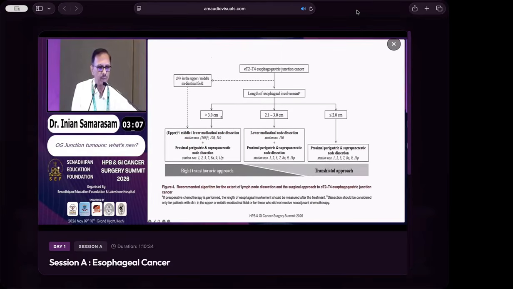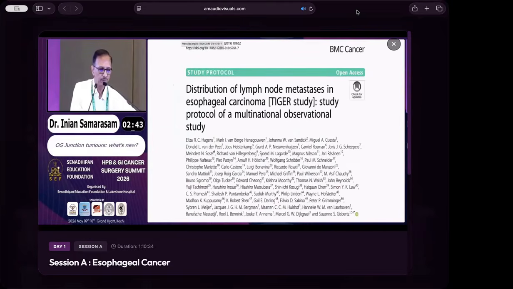One is the length of involvement of the esophagus, from 4 centimeters, now revised to 3 centimeters. And the requirement for doing a supracarinal or a superior mediastinal dissection is now confined to patients who have not had neoadjuvant treatment or who have positive lymph nodes on imaging.